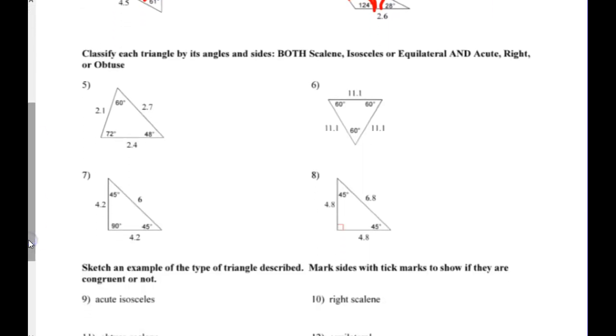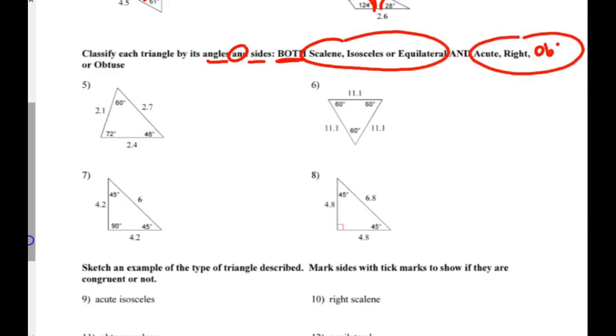Alright, classify each triangle by its angles and sides. Angles and sides. So, let's do both. On number 5, let's talk about the sides first. Every side is different.